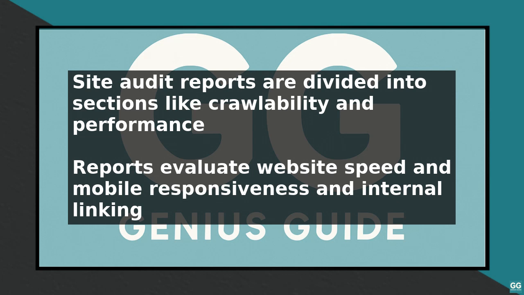The internal linking section checks if the website's pages are well linked and easy to navigate. And the content quality section evaluates the website's content for duplication, length, and readability. The report also provides recommendations for fixing the identified issues and improving the website's overall health.